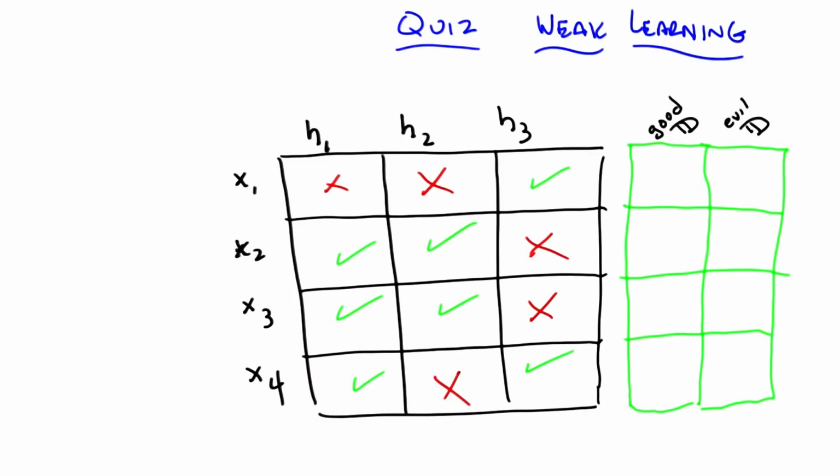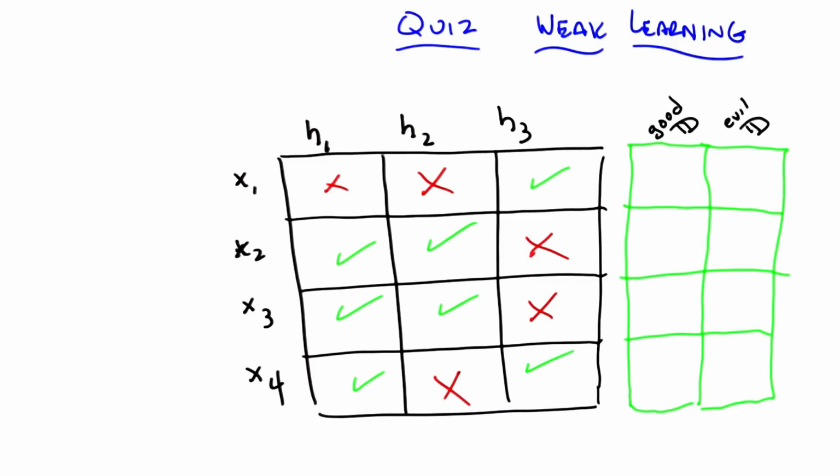I have an x in a square if that particular hypothesis does not get the correct label for that particular instance, and I have a green check mark if that particular hypothesis does in fact get the right label for that example. So in this case, hypothesis 1 gets examples 2, 3, and 4 correct, but gets example 1 wrong, while hypothesis 3 gets 1 and 4 correct, but 2 and 3 incorrect.